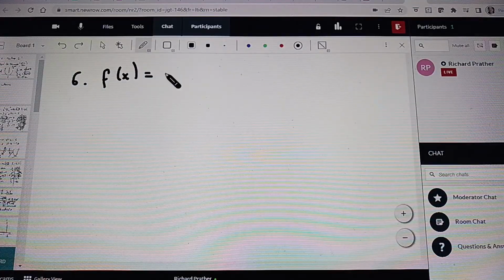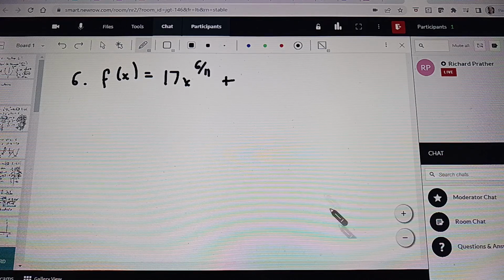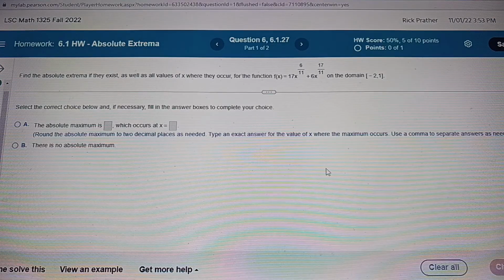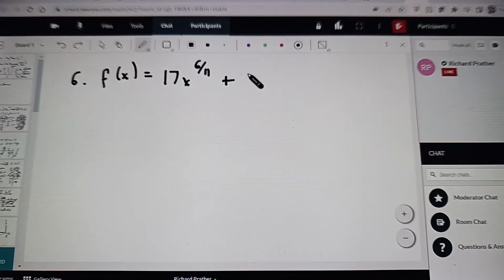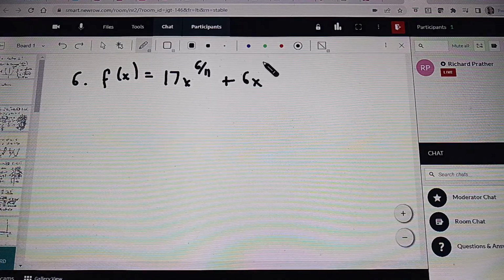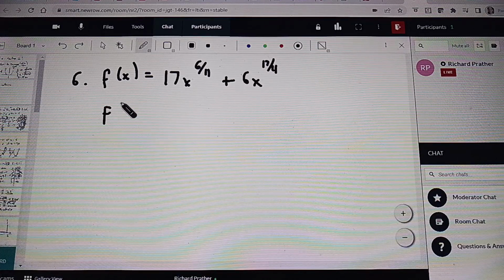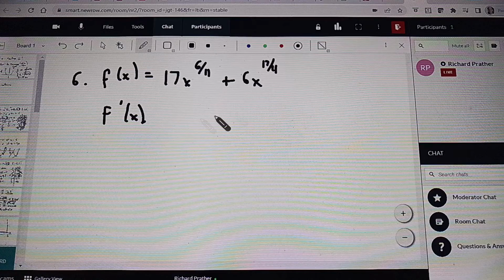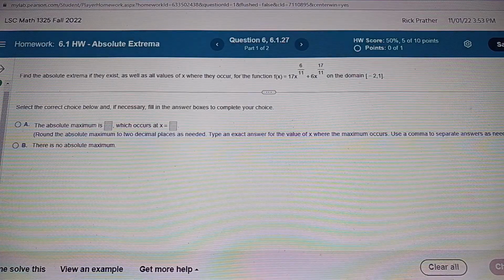The function is 17x to the 6/11 plus 6x to the 17/11. I've got to put my domain down. We have a closed domain interval of -2 to 1.